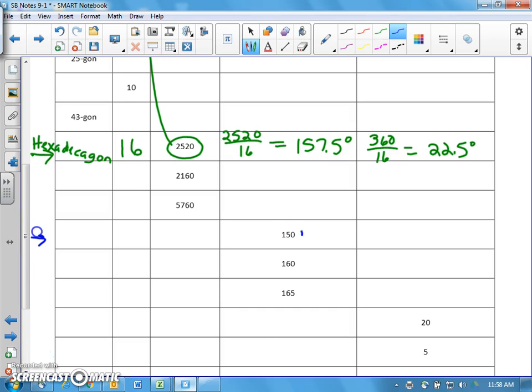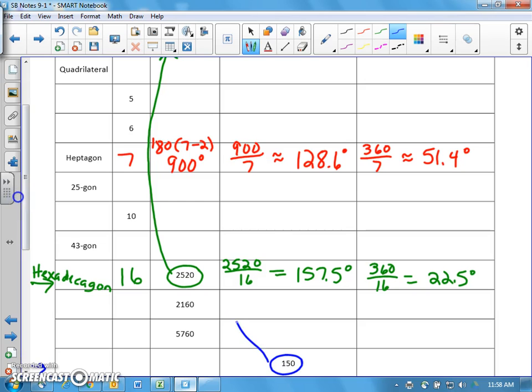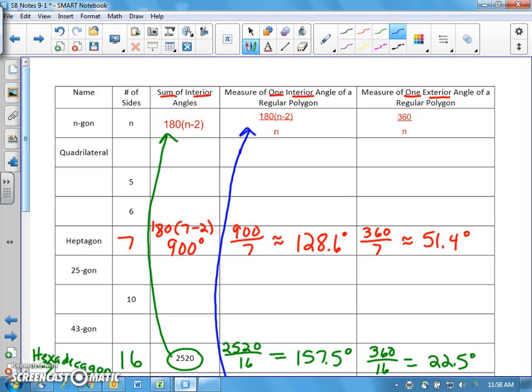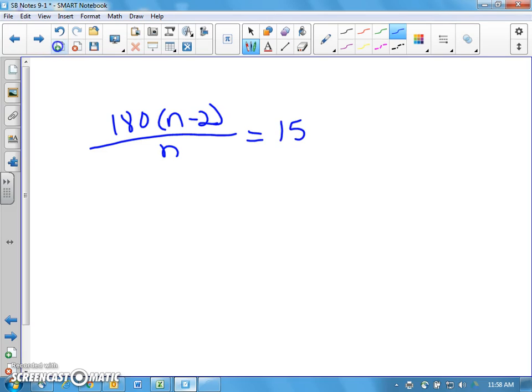Again, I want to look at this 150, and I want to pay attention to the formula that develops it. It's going to be all the way at the top of that column, and that's what I want to solve. So what I'm doing now is 180 times n minus 2 divided by n, and that's going to have to equal 150.